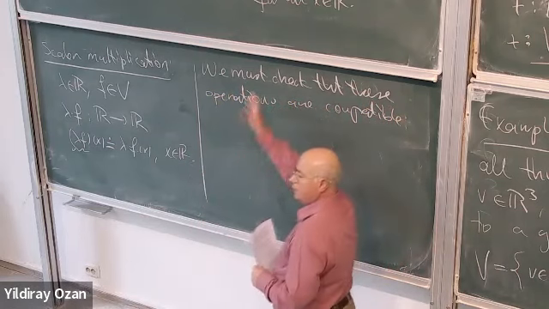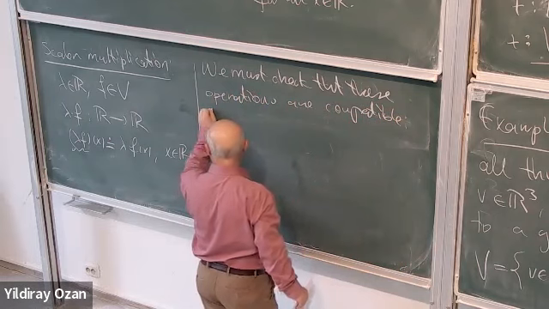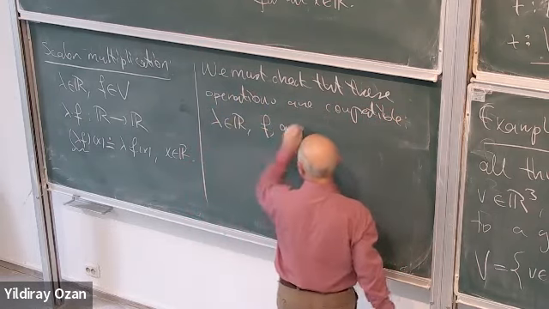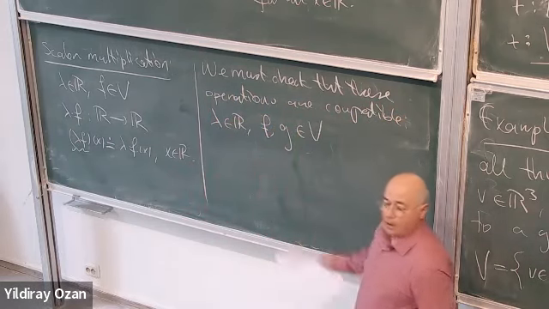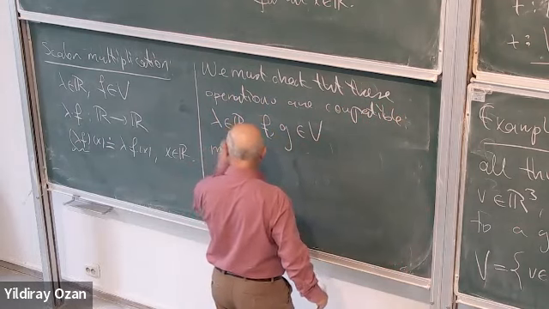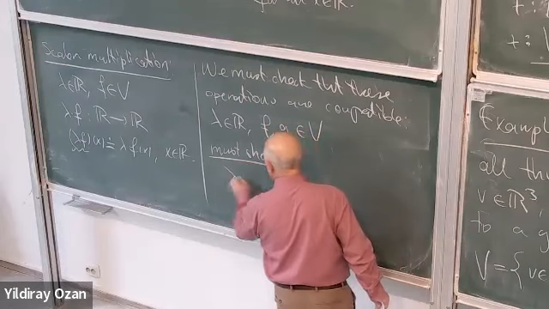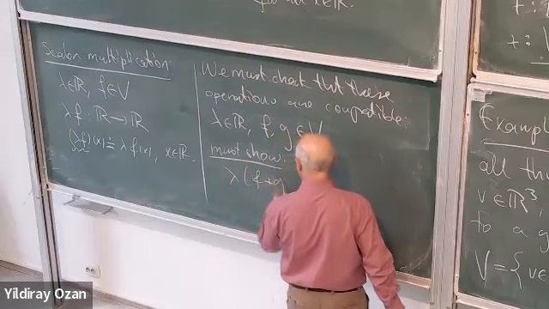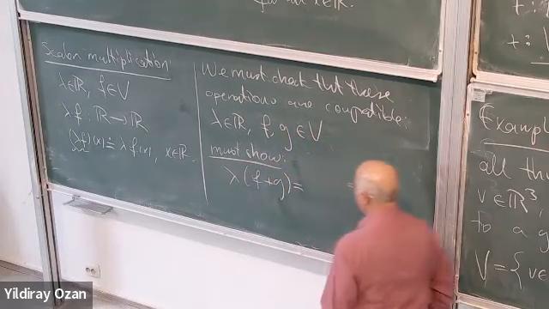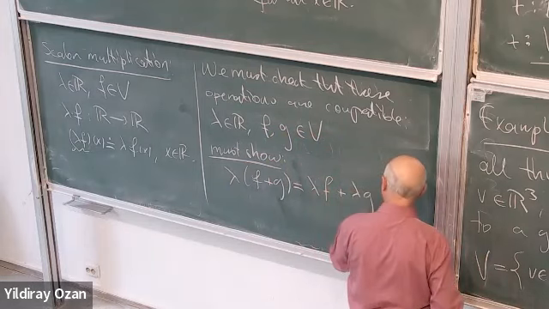All right, let me start with the following. Let's say lambda is a real number, and f and g are two functions. We must show that lambda times (f plus g), which is the addition of two vectors and then multiplication with lambda, should be just lambda times f plus lambda times g.